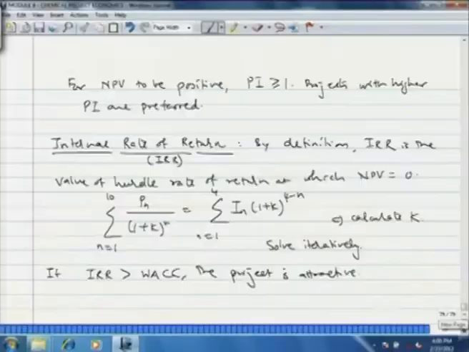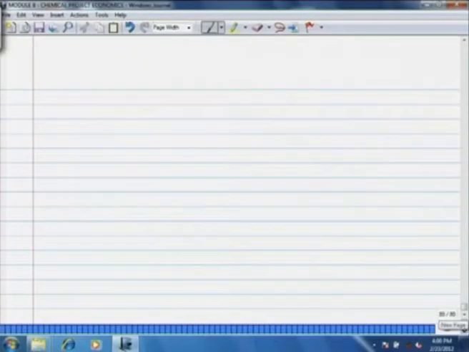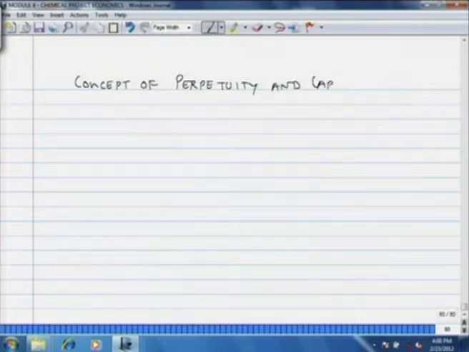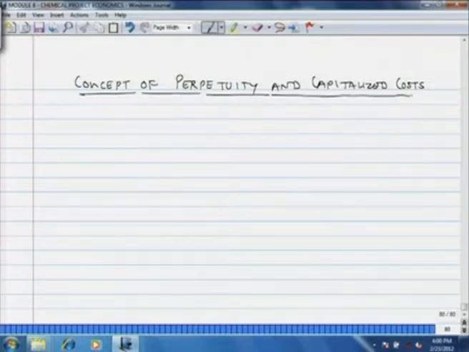Now, given this evaluation, now let us see at the end the concepts of perpetuity and capitalized cost. When we are designing a particular process, we will have several options for a particular equipment for same operation. Okay?